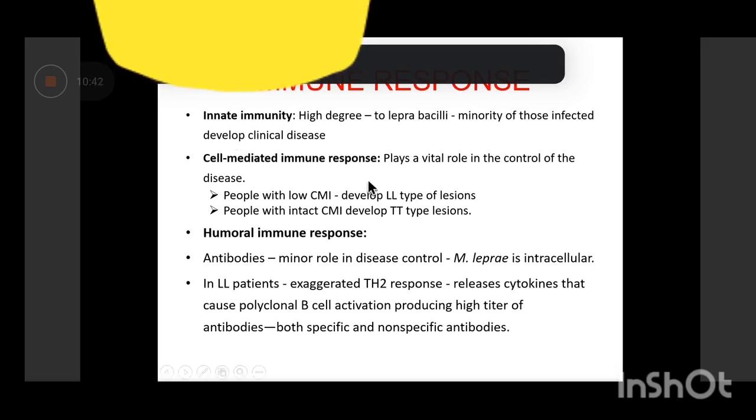So the immune response has a major role to play in leprosy. In innate immunity, a high degree of innate immunity is shown to leprobacilli, and a minority of those infected develop the clinical disease. Cell-mediated immunity plays an important role in the control of the disease.